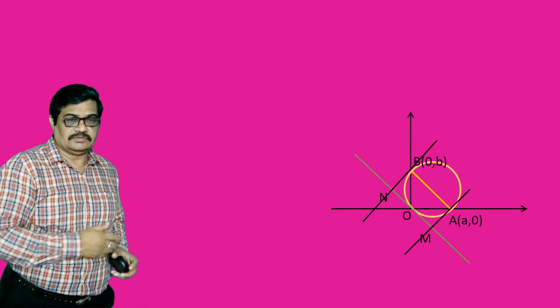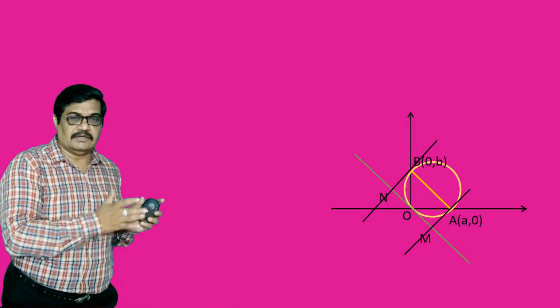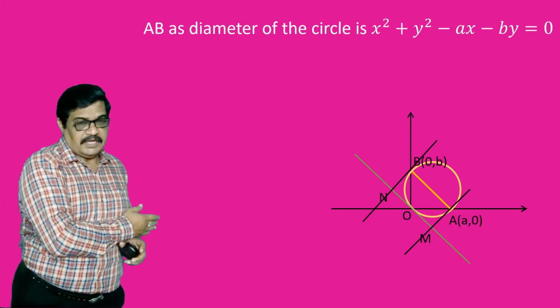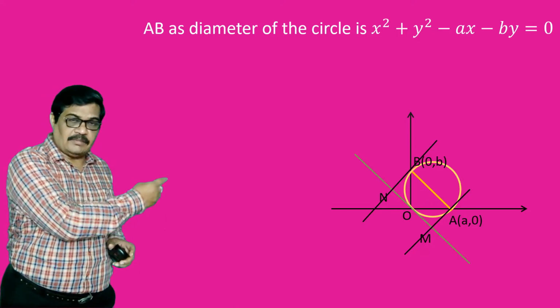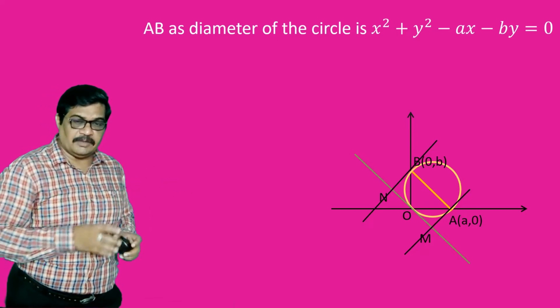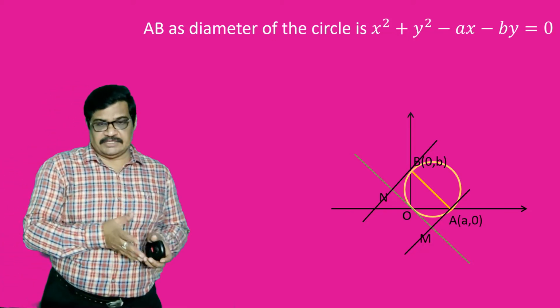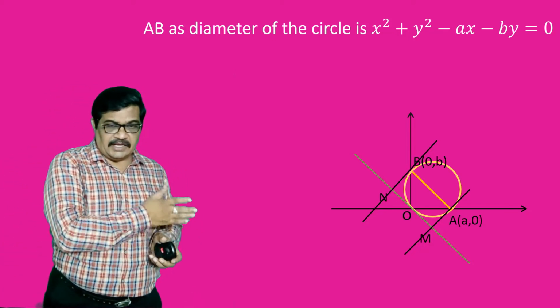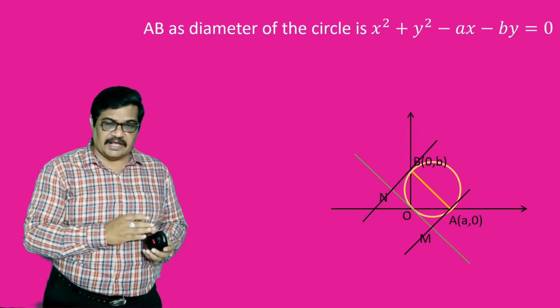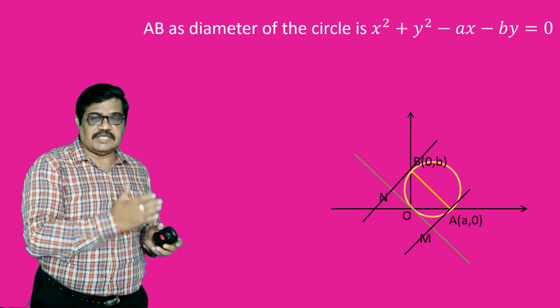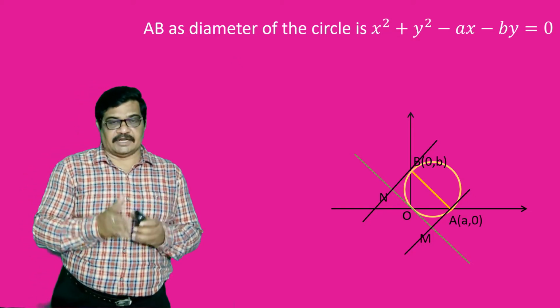First we have to find AB as the diameter of the circle. Here A is the point A comma 0 and B is the point 0 comma B. These are the endpoints of the diameter of the circle. Okay, it is the right angle. OAB is a right angle triangle and AB is the hypotenuse. So this hypotenuse is the diameter of the circumcircle.